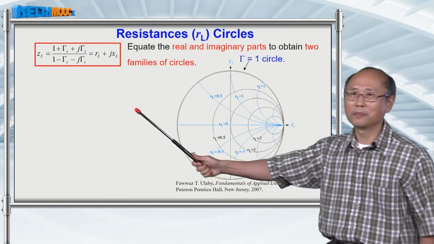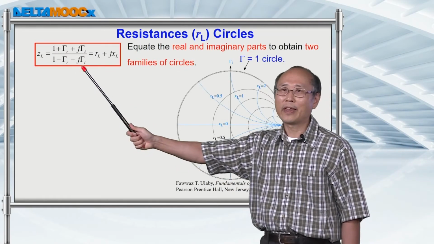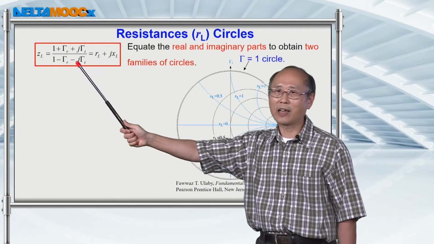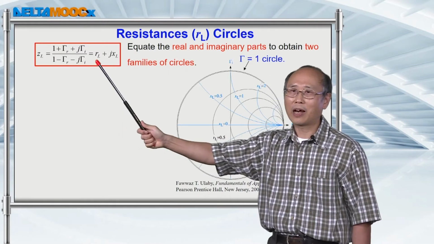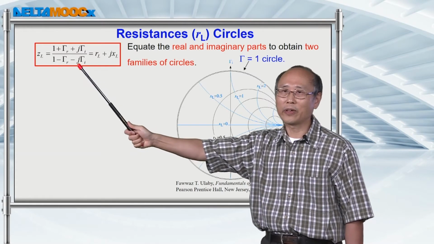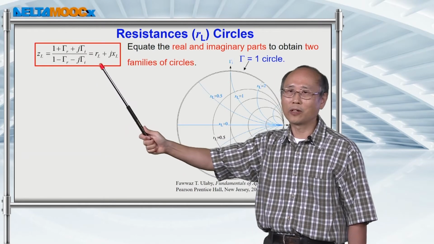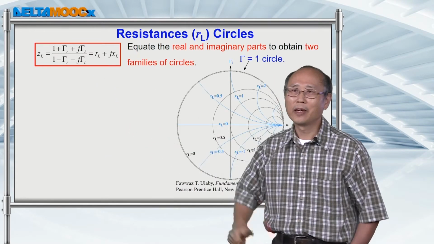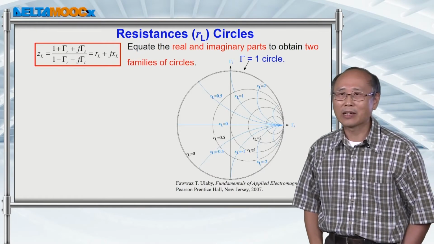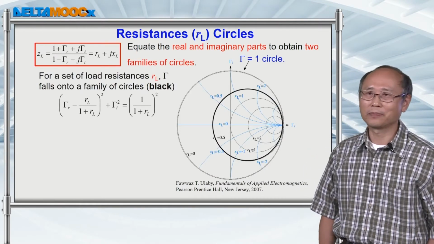For example, now let's rewrite this expression, and then equate the left-hand side of this expression to be equal to RL. Just equate the real part of this expression to the real part of this expression. And then you'll end up having a family of circles.